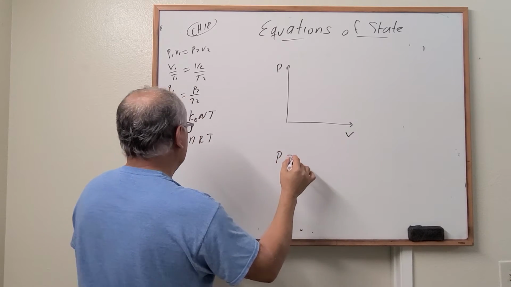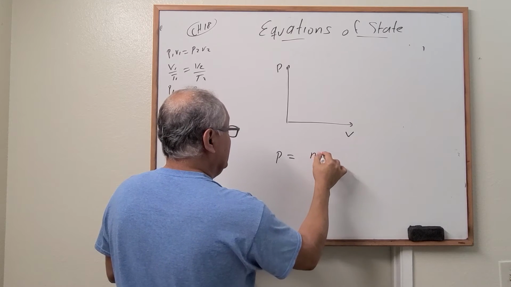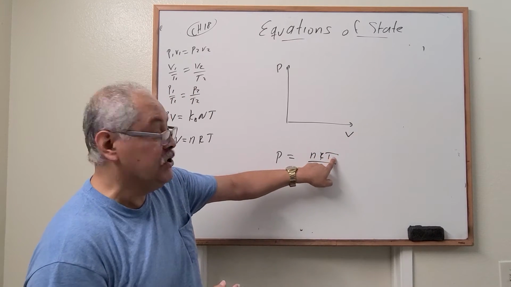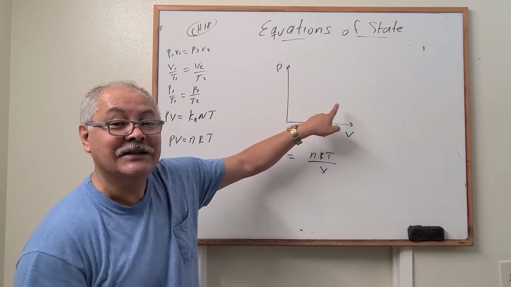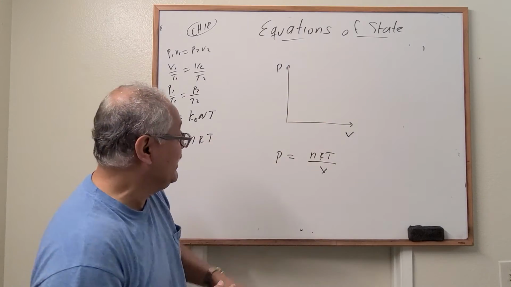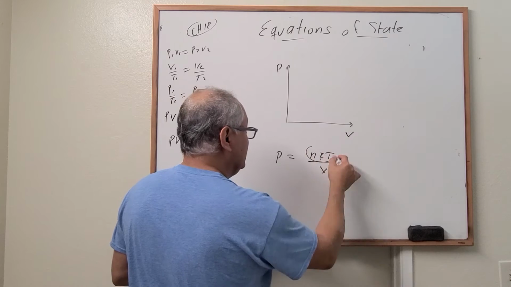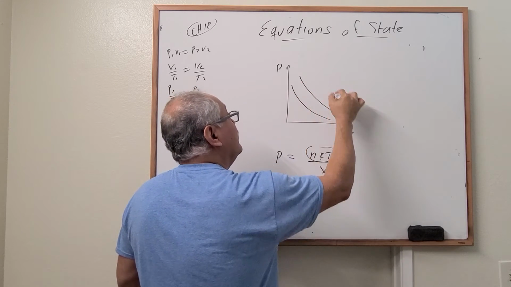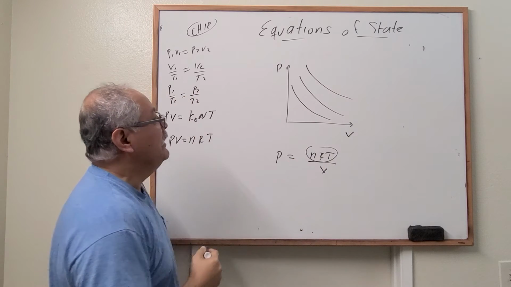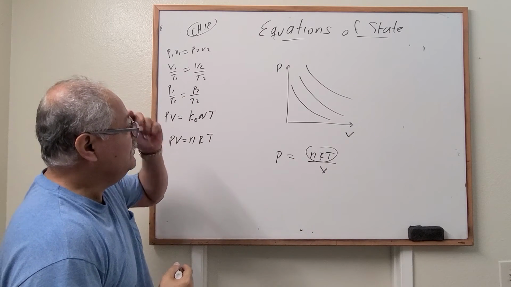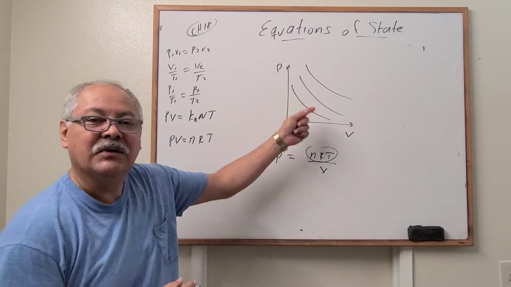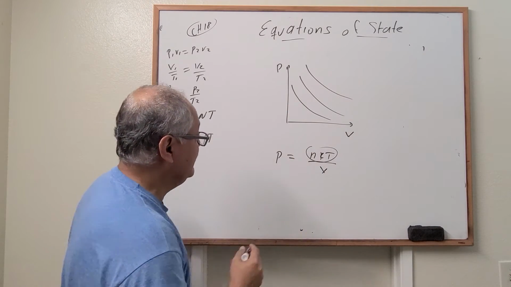Pressure equals nRT over V. Remember, this is the case when the temperature is constant. This is Boyle's law. So what do we have? We create these hyperbolas, like that.